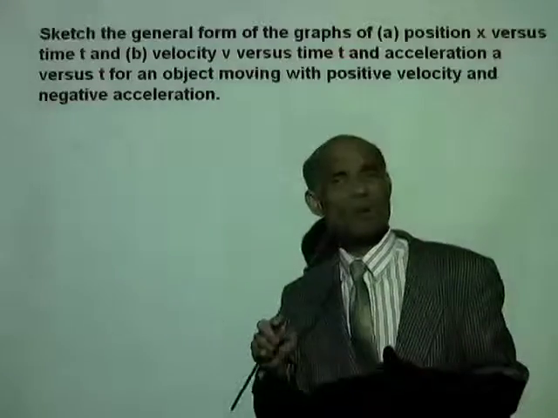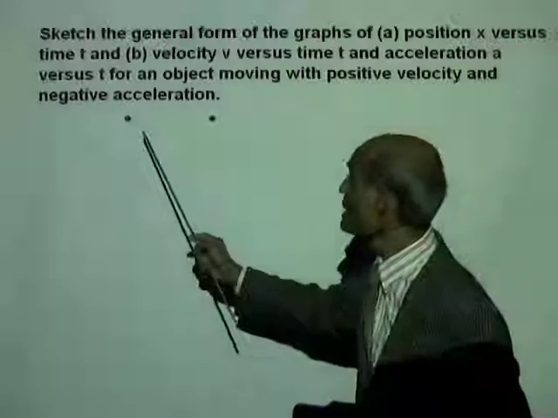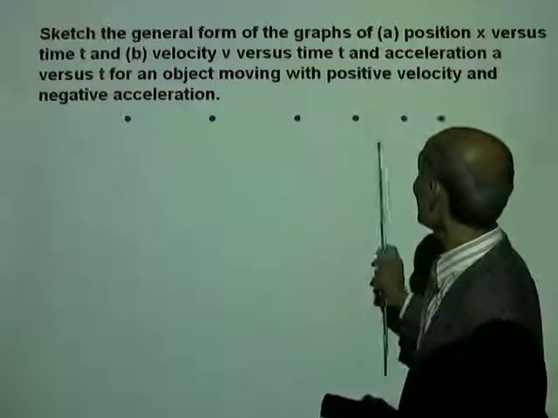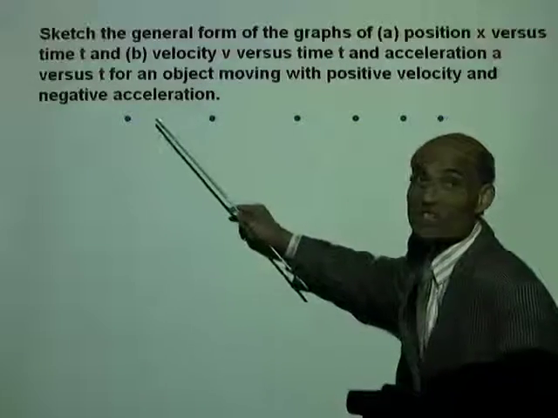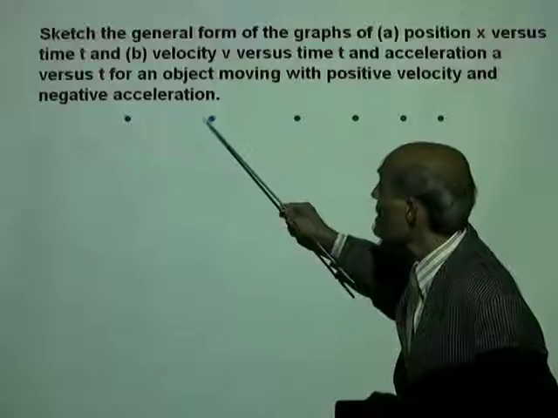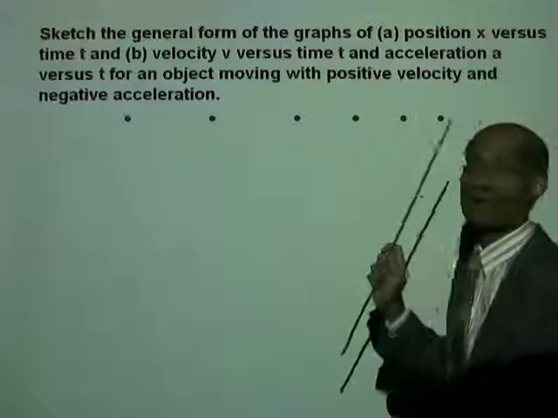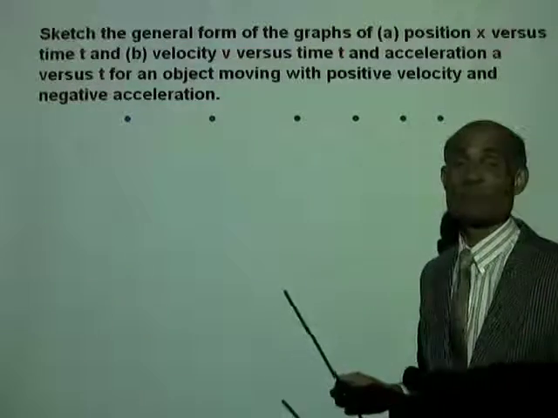Can you tell me what that's going to look like? Well, look at the positions of the object. What happens? Because you have a negative acceleration, the displacement each second is smaller than the previous one.